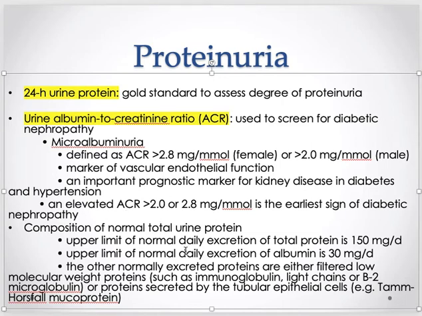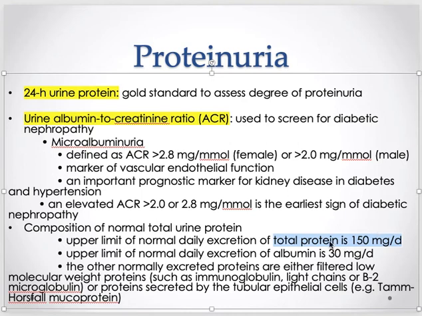Composition of normal total urine protein: the upper limit of normal daily excretion. Remember, albumin is also a protein, but here they are talking about the total protein. The normal upper limit of daily excretion of the total protein is 150 milligram per day, whereas the normal limit of daily excretion of albumin is 30 milligram per day, right?